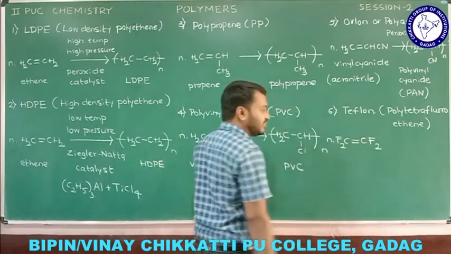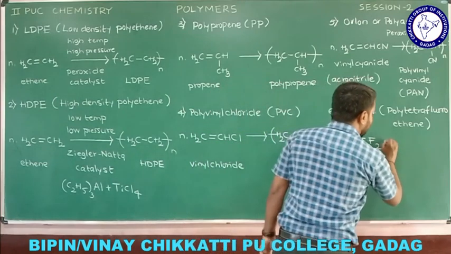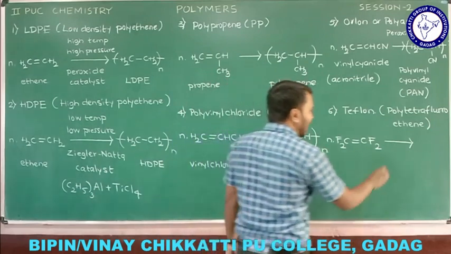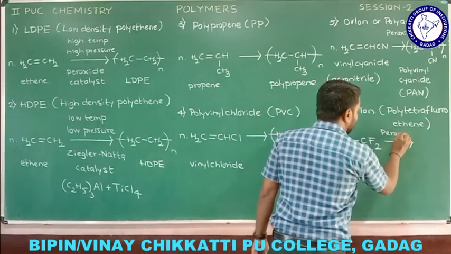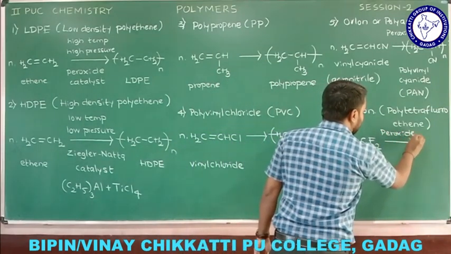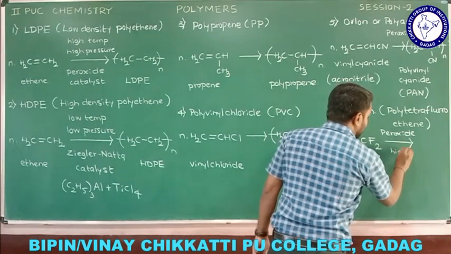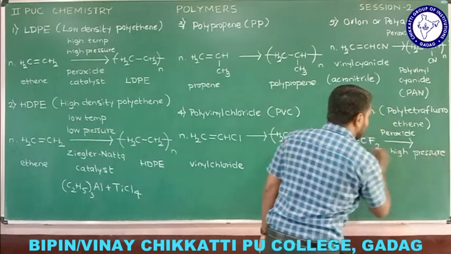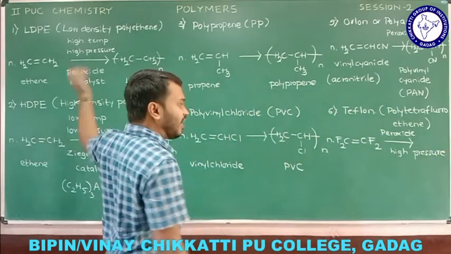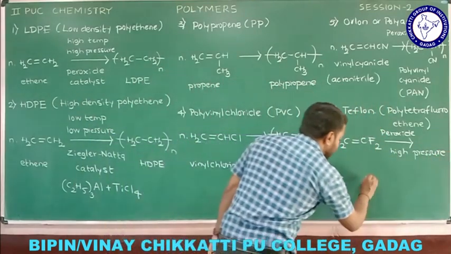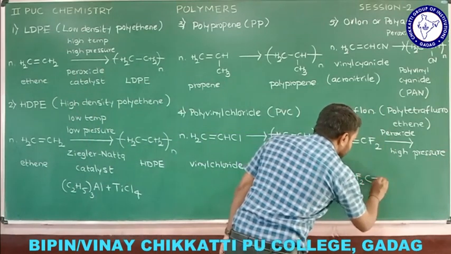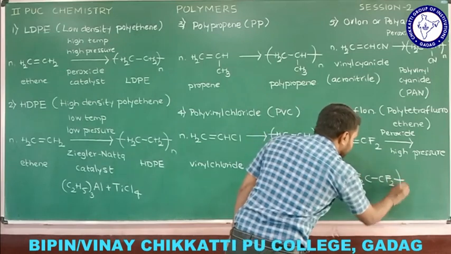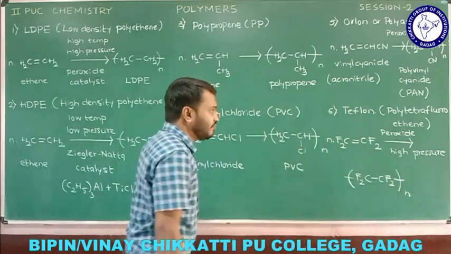tetrafluoroethene, and this is the monomer, n, and that undergoes a kind of polymerization, and we are supposed to add peroxide, and I hope you can maintain the high pressure condition here. It is very simple, as similar as ethene, and we are going to get CF2 single bond CF2, and you extend the bonds, put brackets and write subscript n.